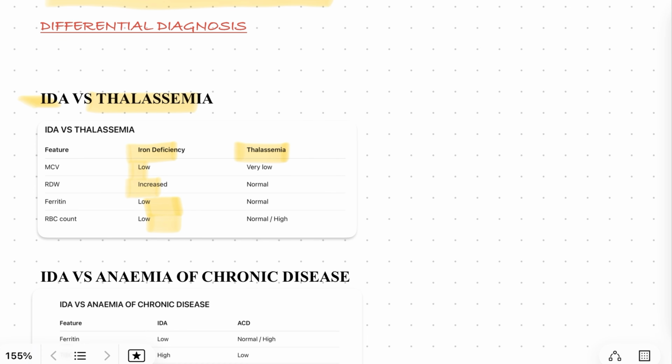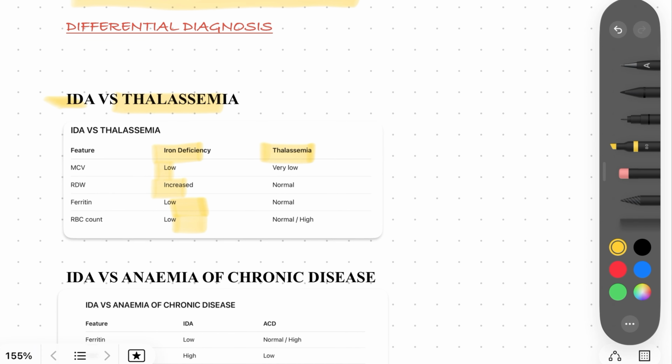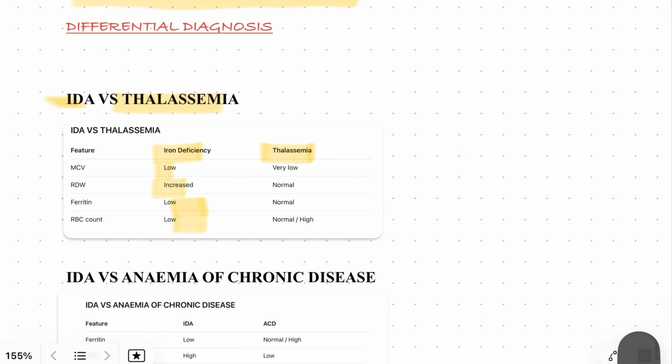In thalassemia, MCV will be very low, RDW will be normal, ferritin will be normal. These are the important points you need to remember. RBC count may be normal or high, because that is an important point. You can use the comment section, I'll be waiting. If no one answers, I'll give the answer.